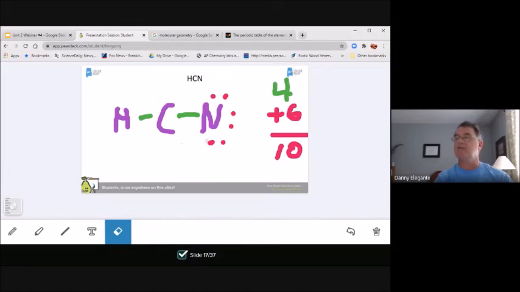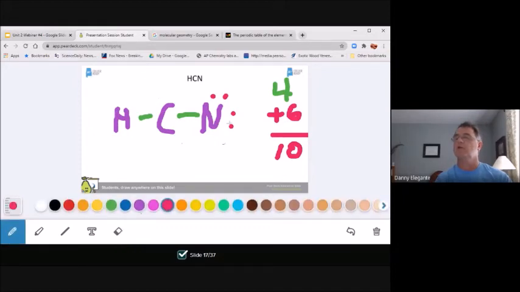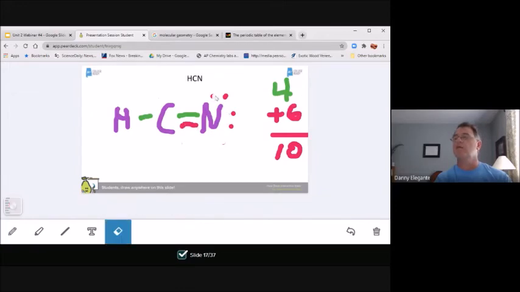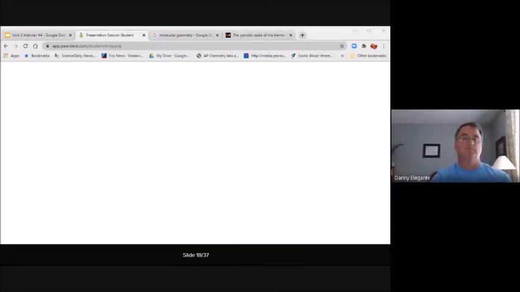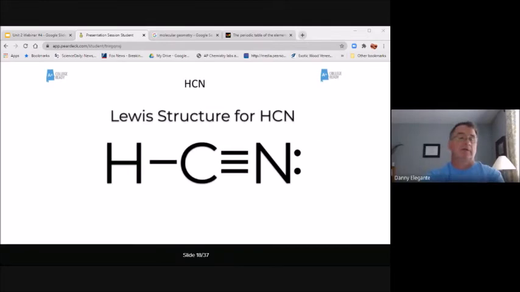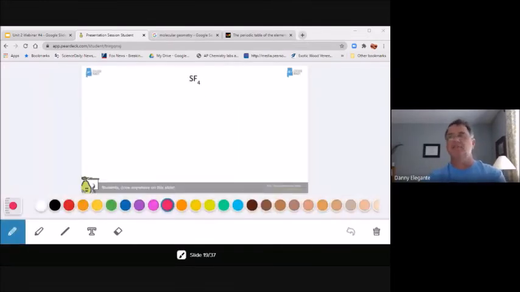And you can definitely move one lone pair here into a double bond. And then you can move another lone pair here into making a triple bond. And you see that HCN, hydrocyanic acid, or hydrogen cyanide, has that Lewis structure. And a lot of y'all got that answer right. That's great.